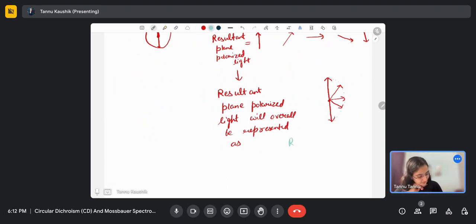So the resultant polarized light is not in plane, but in elliptical form.